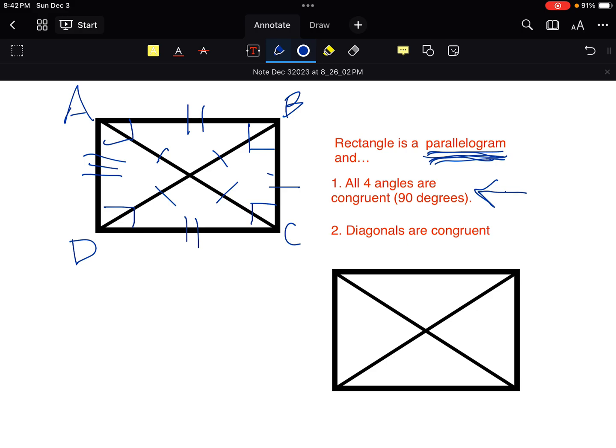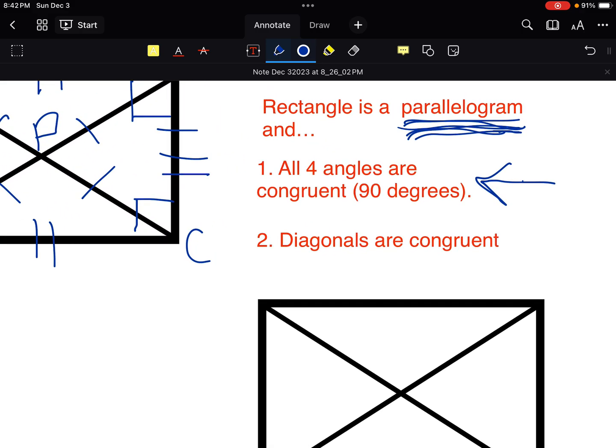But now we also have these other segments in the middle, AP, BP, CP, and DP, that are all congruent. So the diagonals are congruent. Let's fill that in here. We know that AC is congruent to DB.